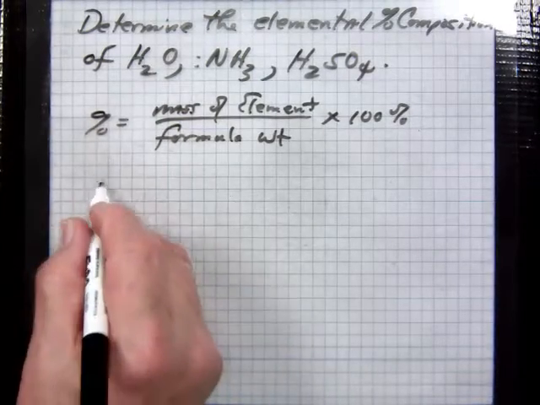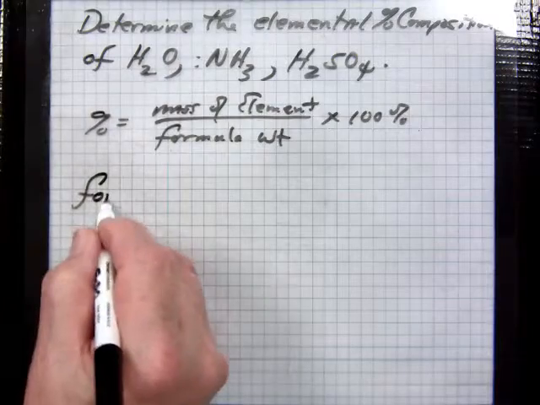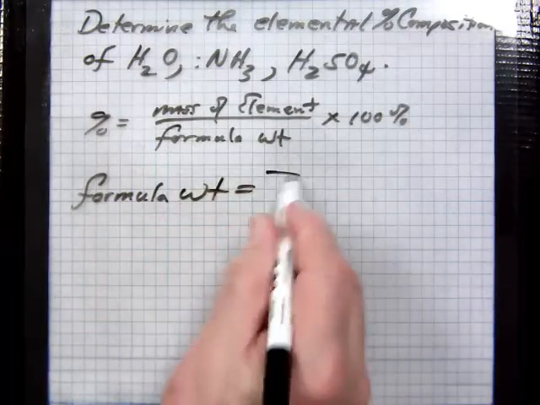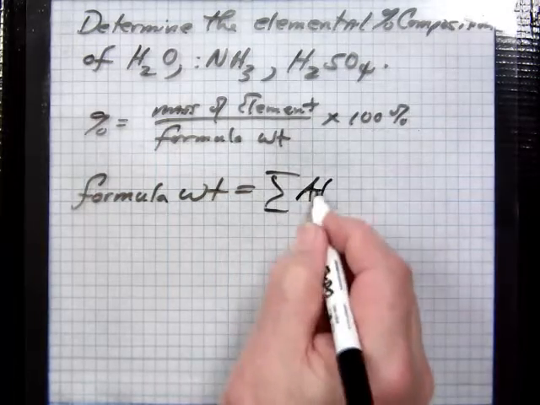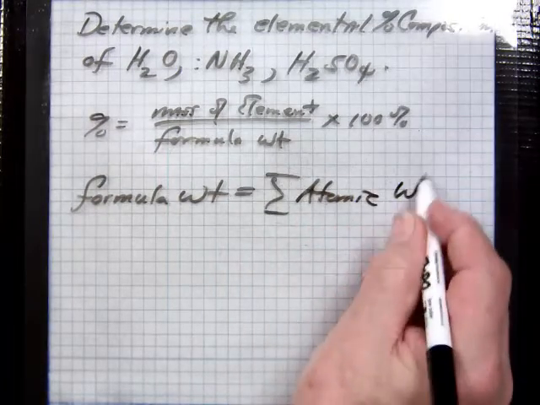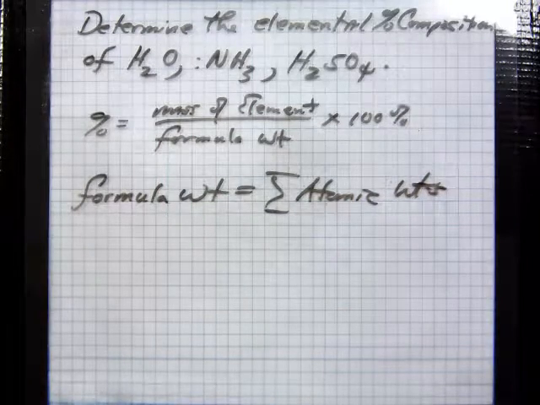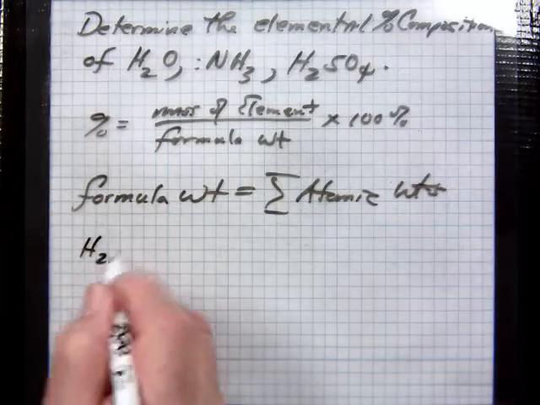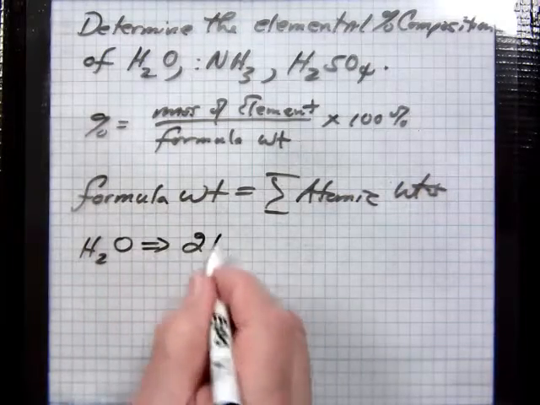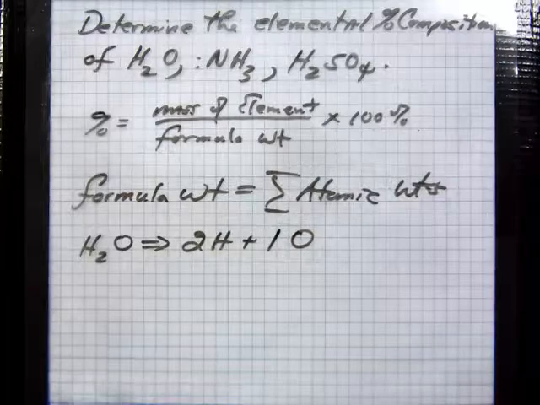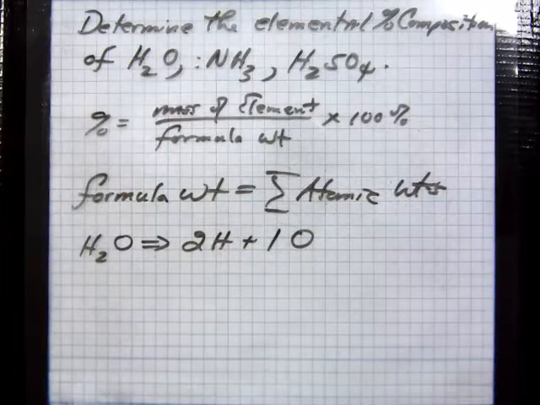But anyway, formula weight is the sum of atomic weights of the elements in a given structure. For example, H2O is composed of 2 hydrogens and 1 oxygen. Now, I round these off to the nearest whole numbers.